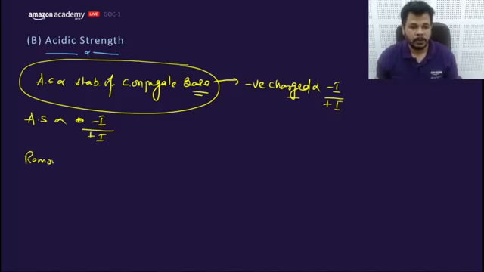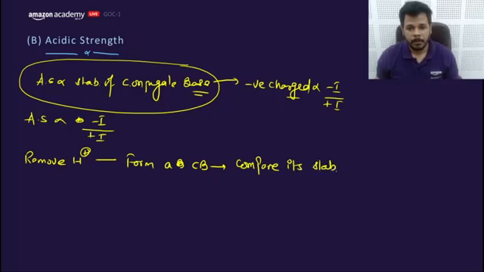So this is the point which I want to make. Remove H plus, form a conjugate base, compare its stability, to get the acidic strength order.